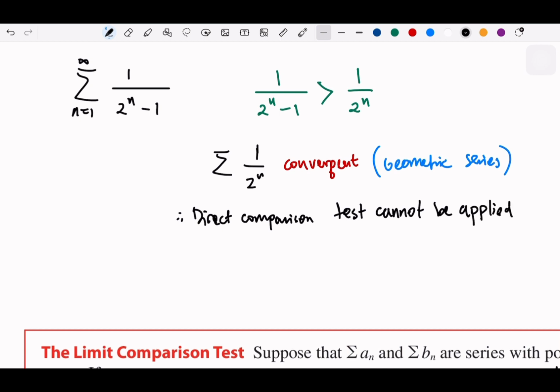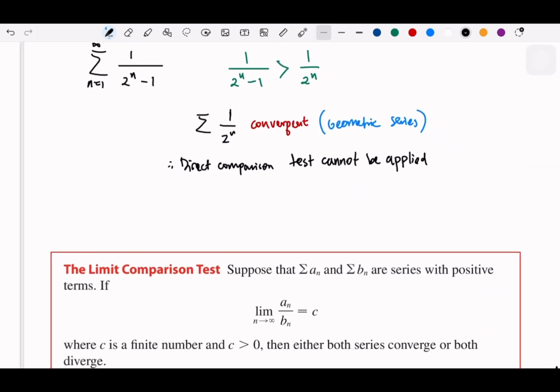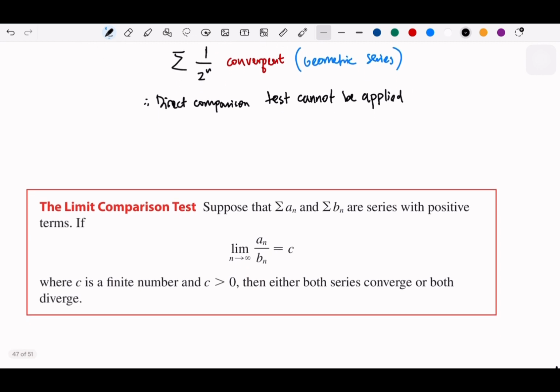Okay. So when this happens, the other comparison method that we can try is taking this limit comparison test.